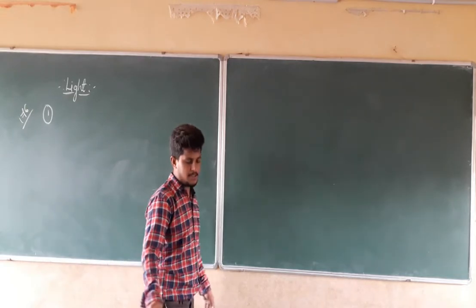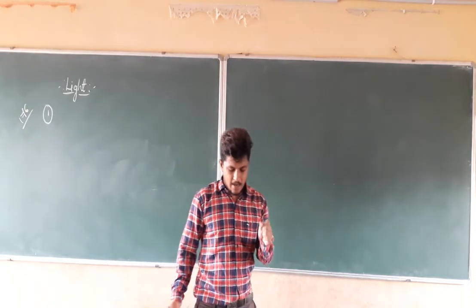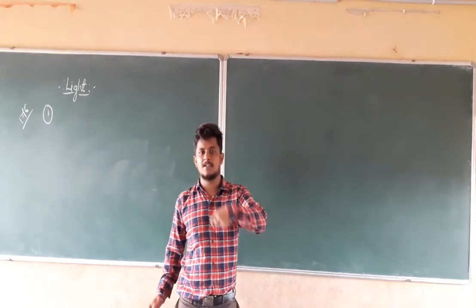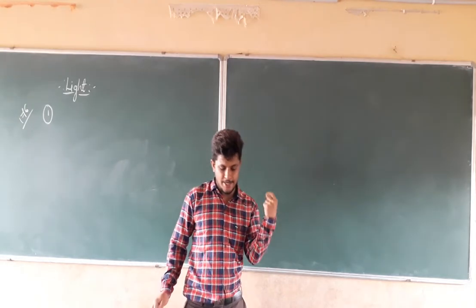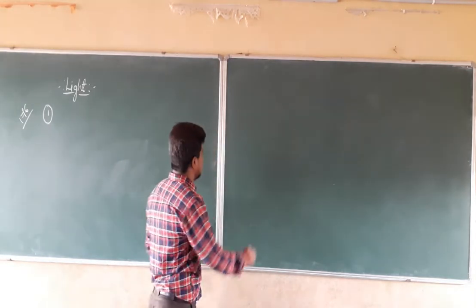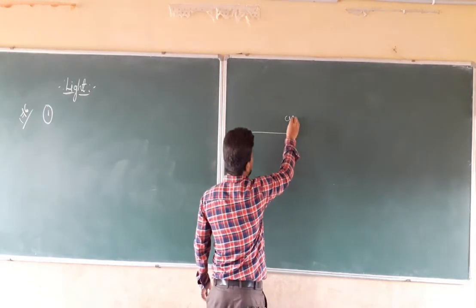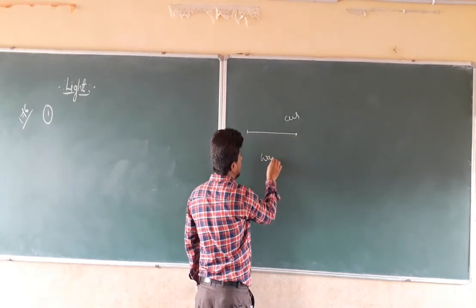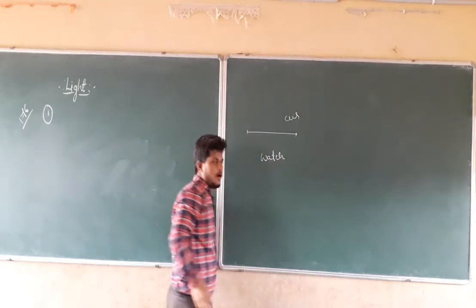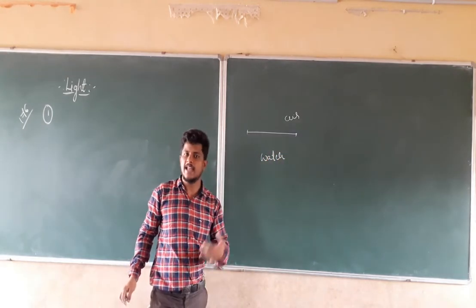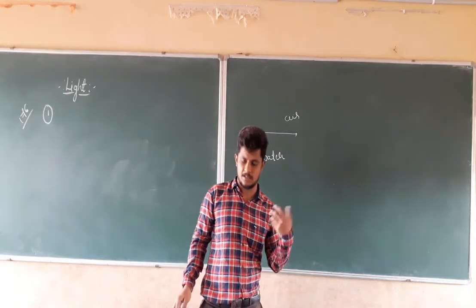If you see the question, a ray of light traveling in air enters obliquely into water. Here it is an air medium and here it is a water medium. Obliquely means with an angle, with an inclined angle.